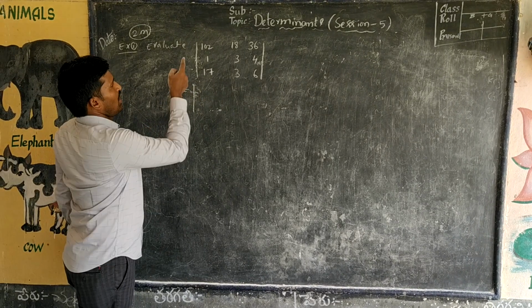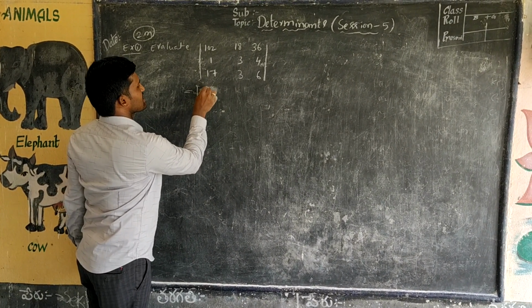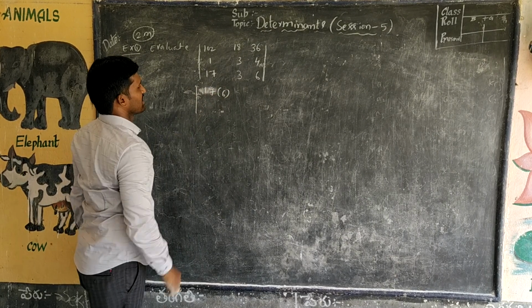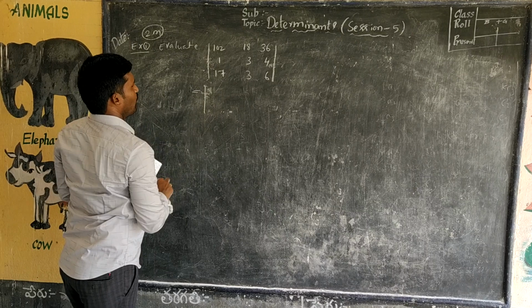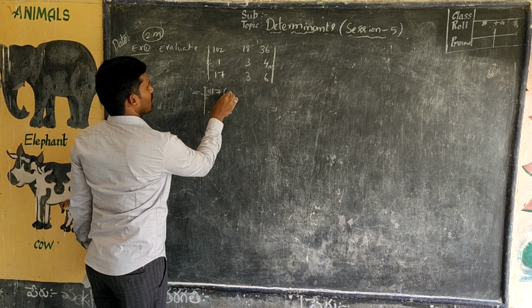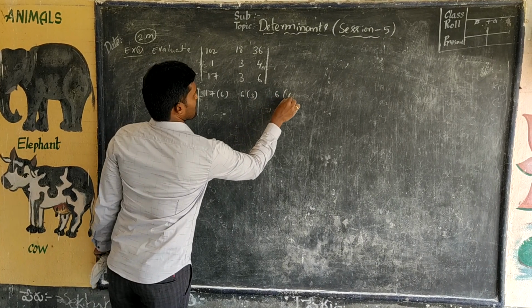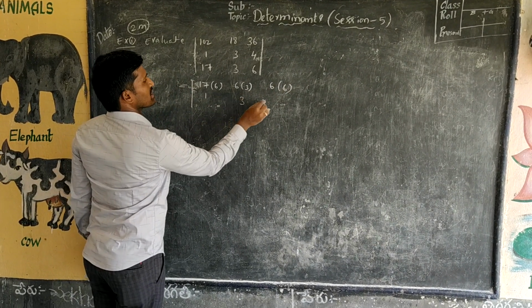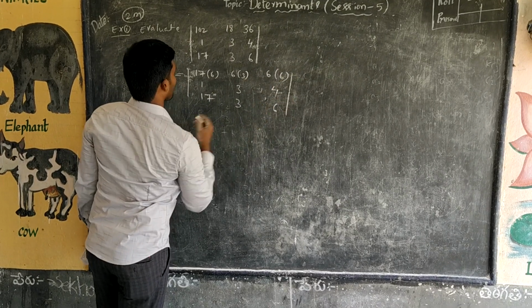For example, 102 I am writing as 17 into 6, and 18 and 36 as 6 into 3, 6 into 6. Second row 1, 3, 4. Third row 17, 3, 6.